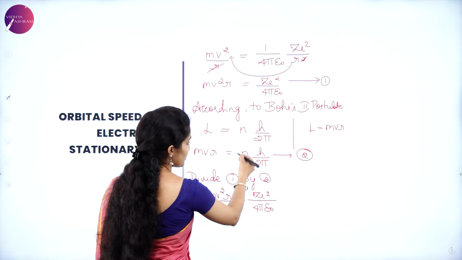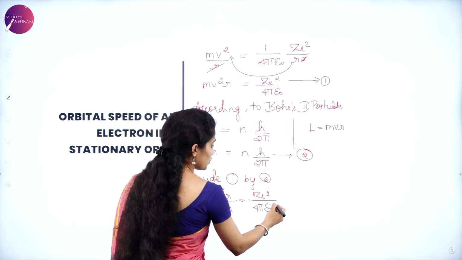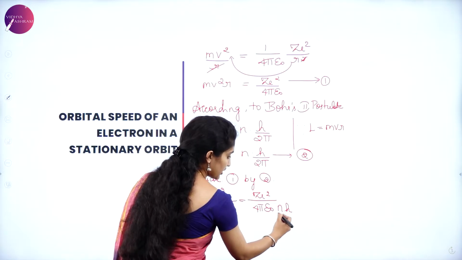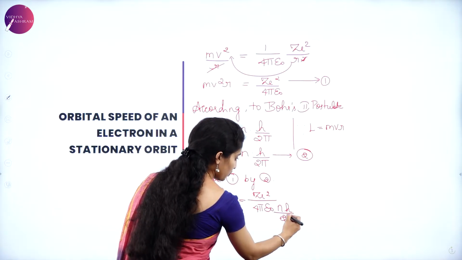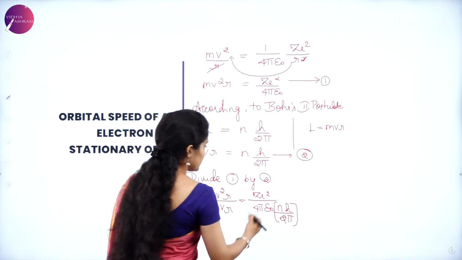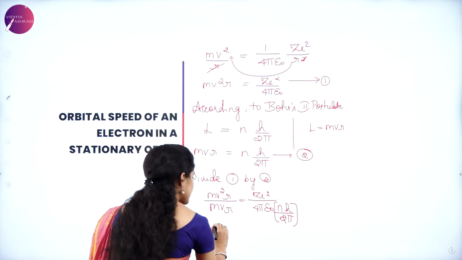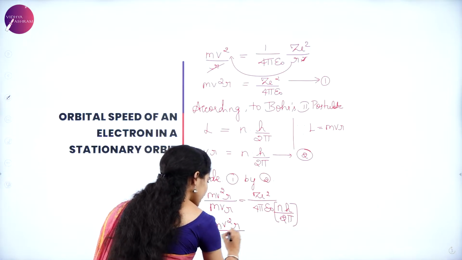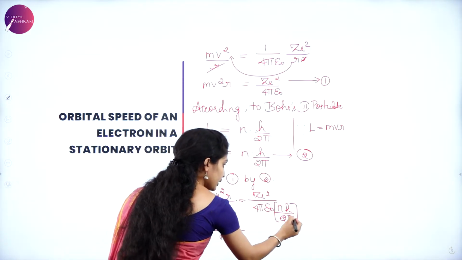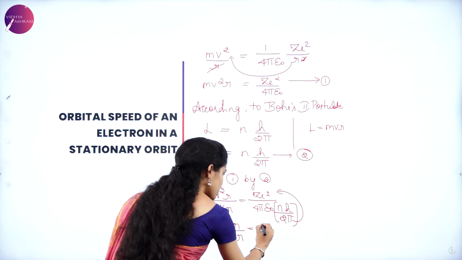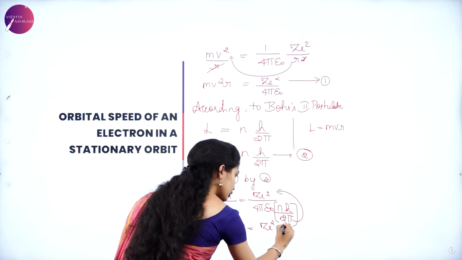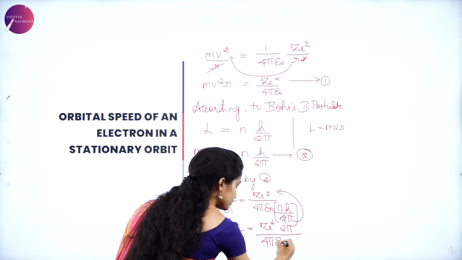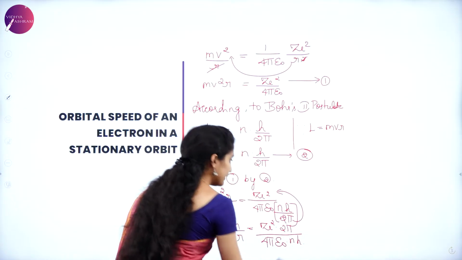So, mvr division nh by 2 pi. So, write nh over here, and divided by 2 pi. Okay. So, now what happens? Rewrite this as mv square r divided by mvr, 2 pi goes above, which becomes ze square into 2 pi divided by 4 pi epsilon naught into n and h.